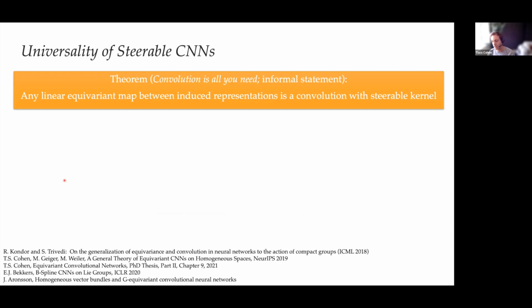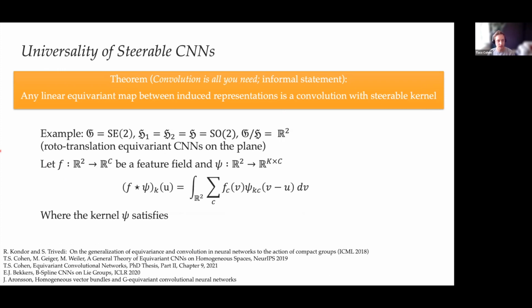And this is universal again. So any equivariant linear map between two induced representations, between two spaces of fields on a homogeneous space, is going to be a generalized convolution with such a constrained kernel.